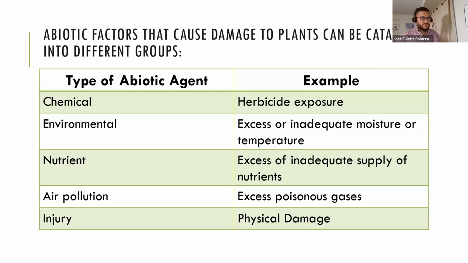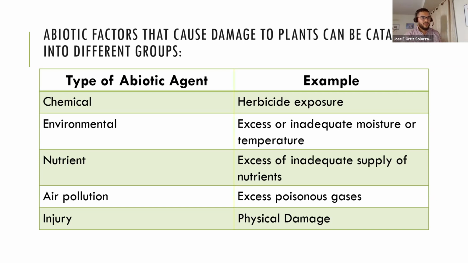There are some more general abiotic agents, such as chemical, environmental, nutrients, air pollution, and injuries. Some examples of those are herbicide exposure, excess or inadequate moisture or temperature, excess or inadequate supply of nutrients, and excess of poisonous gases and physical damage.